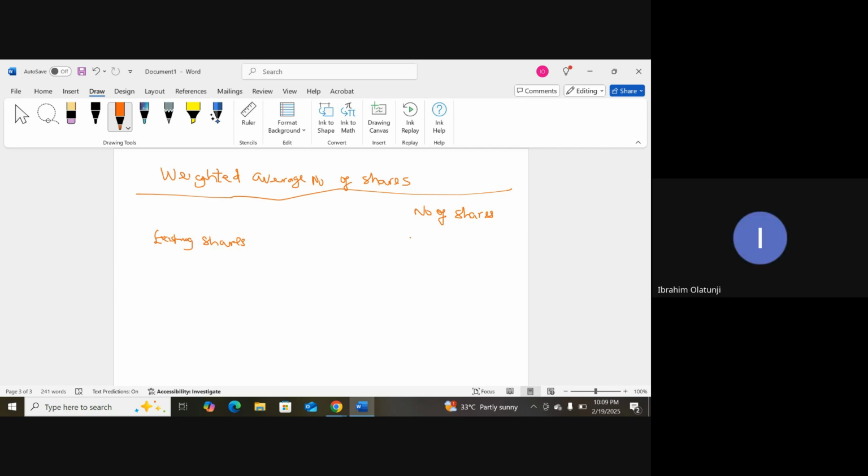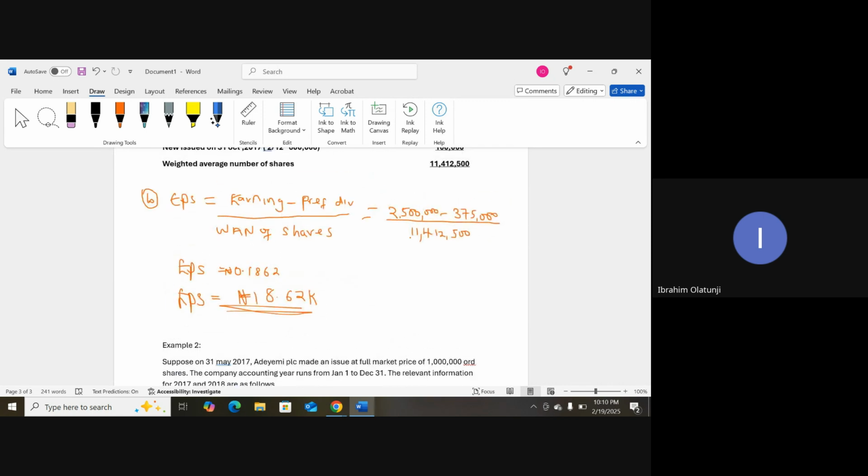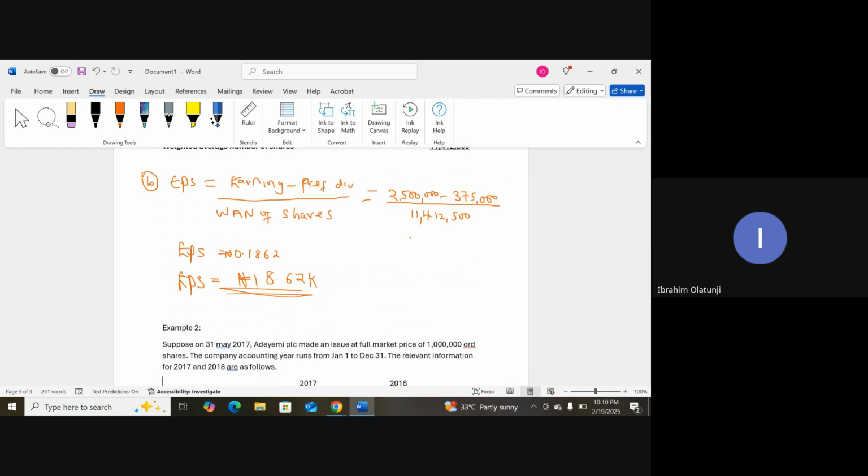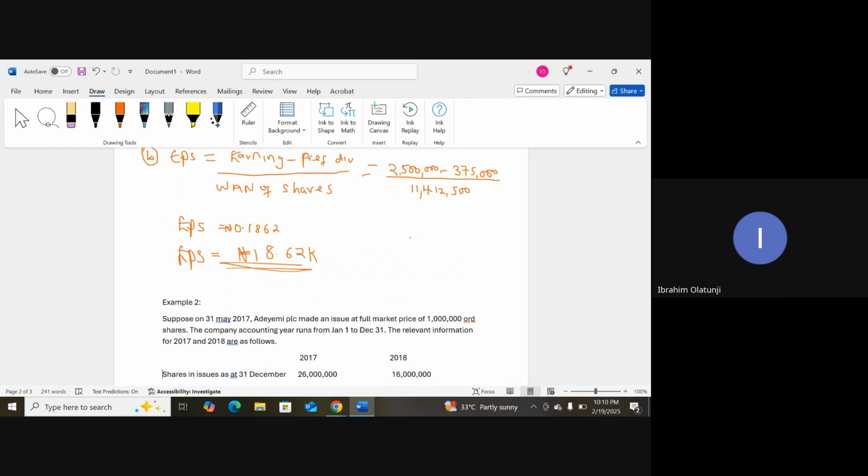We have to be very careful while computing a question like this. If you look at the question, I said suppose on 31st May 2017, Adeyemi PLC made an issue at full market price of 1 million ordinary shares, and the company's accounting year runs from January to 31st December.